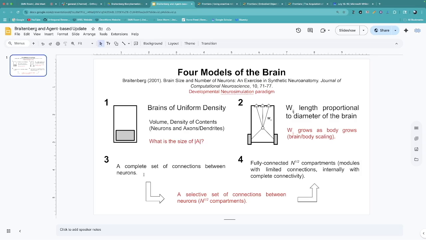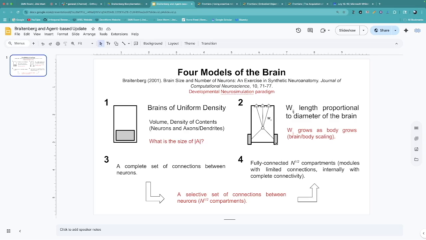Then models 3 and 4 are the first. Number 3 is a complete set of connections between neurons, which is basically this mass of connections without any modularity. And then 4 is where you have this fully connected n to the half compartments. These are modules with limited connections, but internally with complete connectivity. So we can bridge those two models in the developmental neurosimulation paradigm by saying that a selective set of connections between neurons involves n to the half compartments.